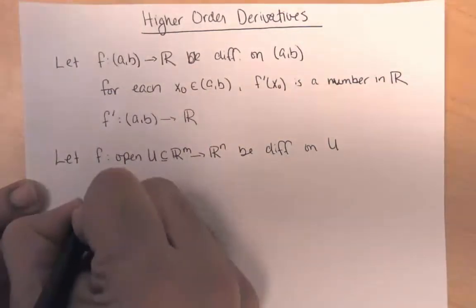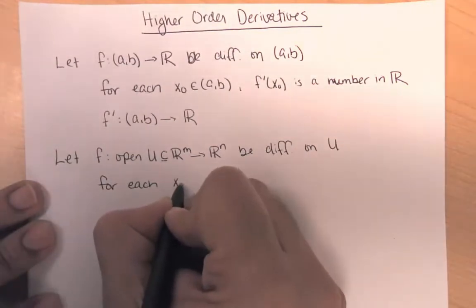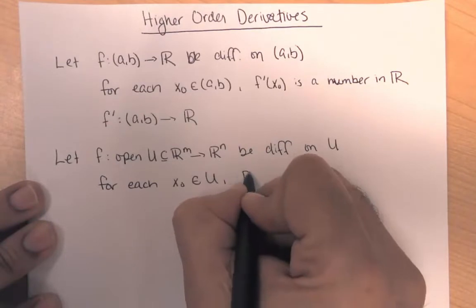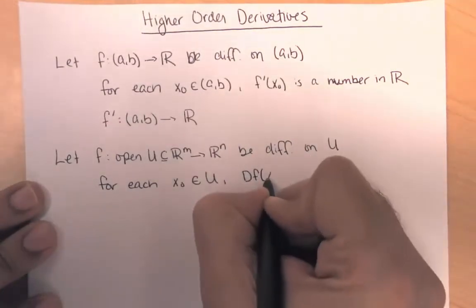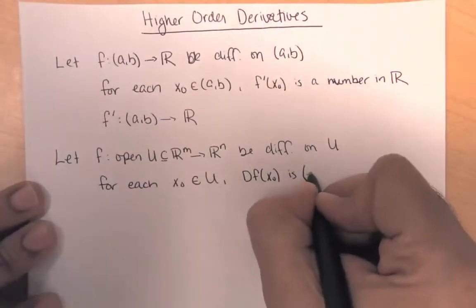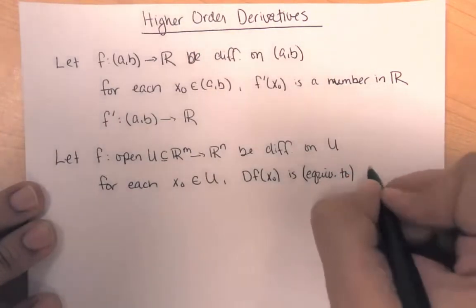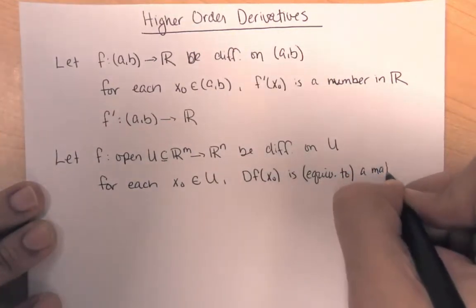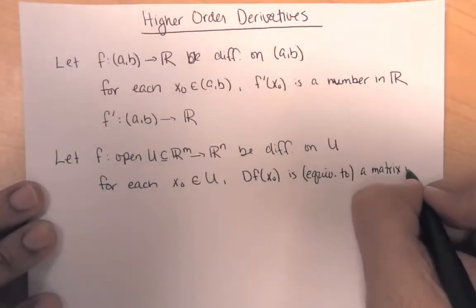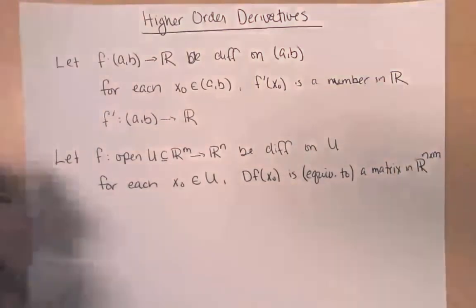So for each x naught in my open domain, the derivative of f at x naught is, and I'll put in parentheses, equivalent to a matrix in R n by m.